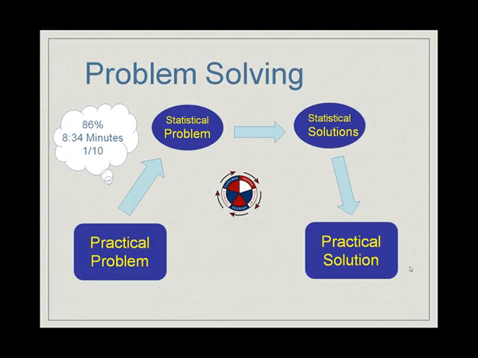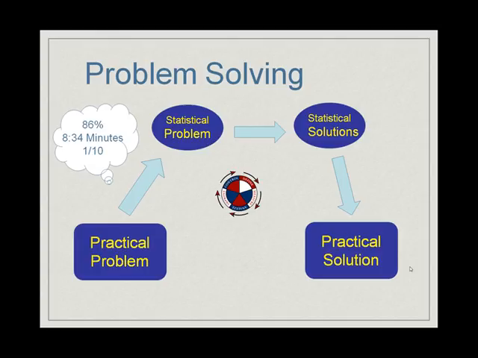Well, the way we do that is we actually have to go through a transition process. Instead of simply taking the practical problem into a meeting and discussing practical solutions, with the Six Sigma approach, what we'll do is we'll actually take the practical problem, define it in statistical terms as X's and Y's. By defining it in statistical terms, we actually have an output.